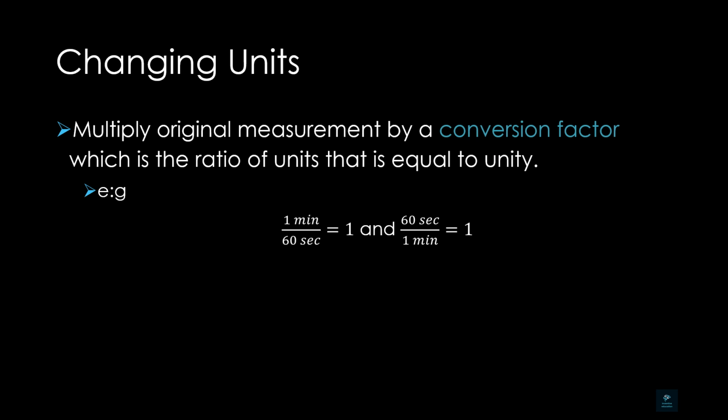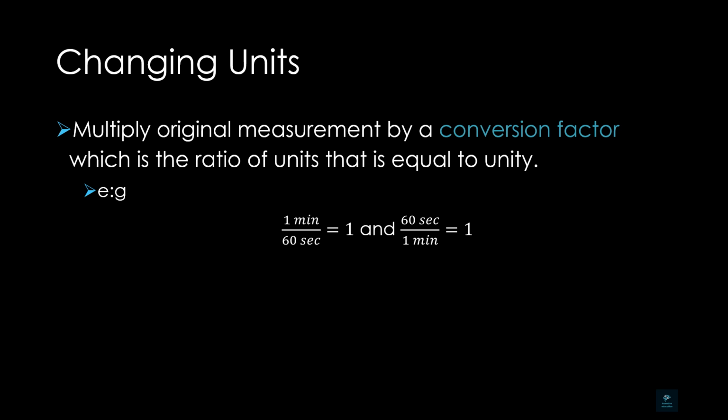So, how can we express one measurement in different units? We can do this by changing units. To change units, we multiply the original measurement by a conversion factor. A conversion factor is a ratio of units that is equal to unity. For example, 1 minute is equal to 60 seconds.